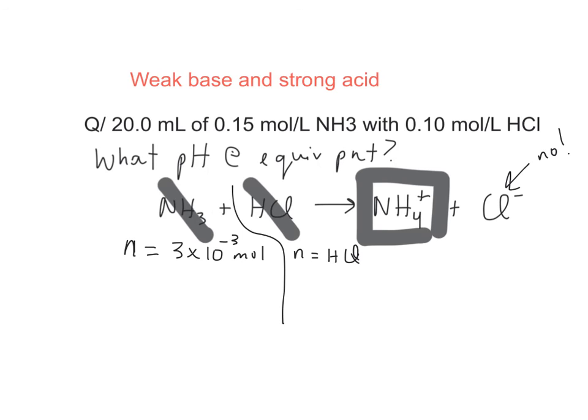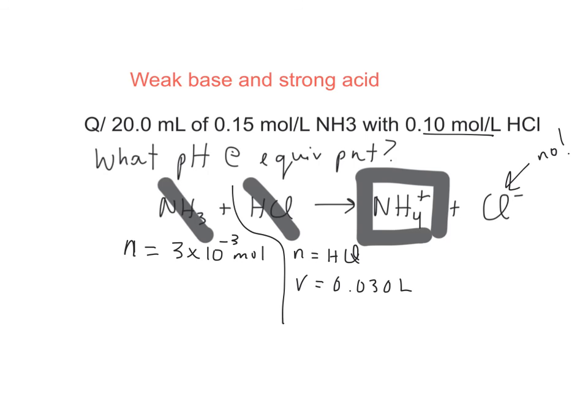So I'm going to solve for the volume of HCl that is required. I'm going to take that 3 times 10 to the negative 3, divide by your concentration. Yes, I just plugged that into my calculator. The volume is 30 mL, or 0.030 liters. Okay, again, that makes sense. The HCl has a lower concentration, so you'd expect a greater volume of it to be needed to contain the same molar amount.